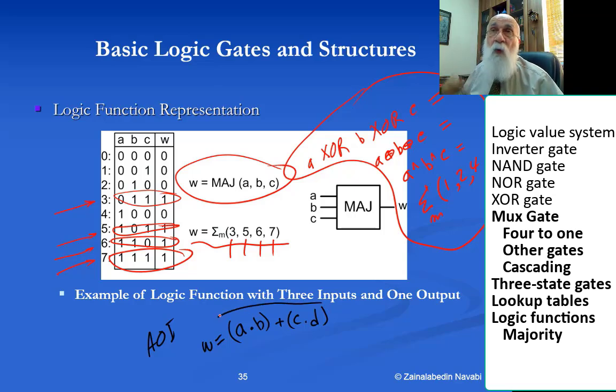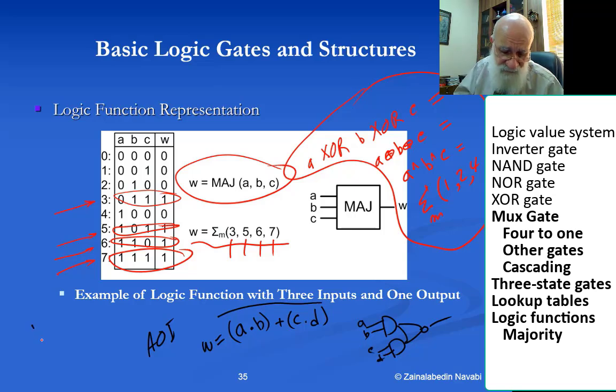This is AOI, AND-OR-invert. And the logic notation for it is this: A, B, C, D. This is a 4-input AOI. This is a 3-input AOI. Notice that I don't draw a line between my AND and OR, meaning that this is all one complex gate structure, A, B, C.